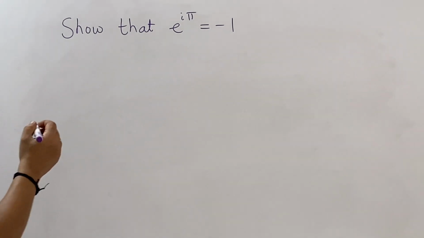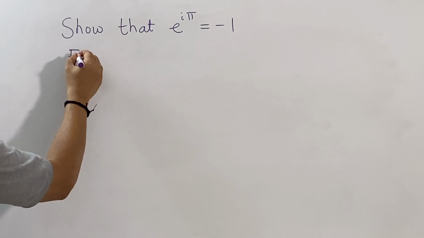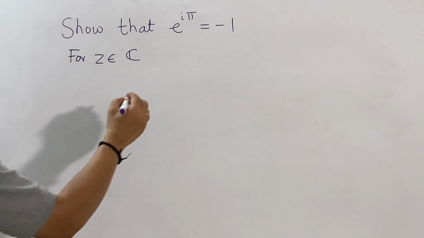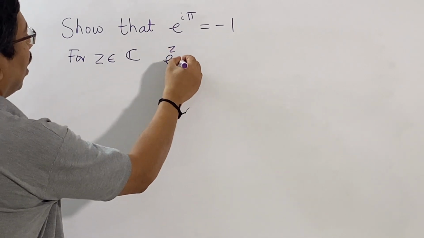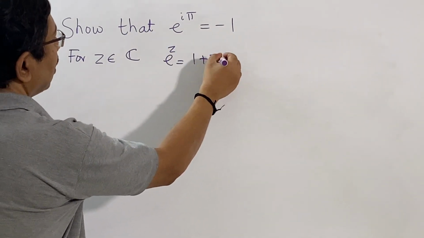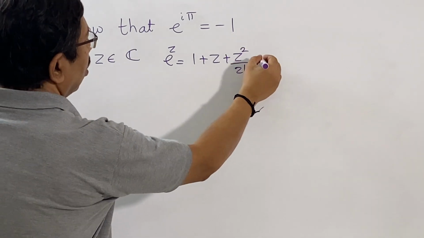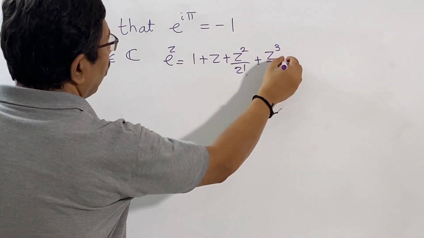Now, in complex analysis, for z a complex number, we define e to the power z as 1 plus z plus z square by 2 factorial plus z cube by 3 factorial, and so on.